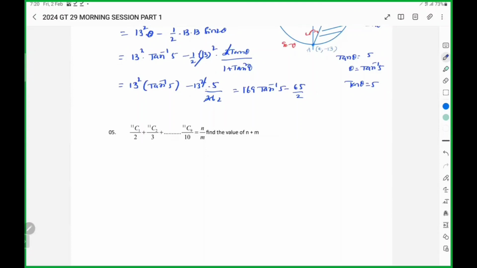Actually the removed coefficients, we don't know. Intelligently you can say that the binomial coefficient you can calculate. Okay, let us solve the problem. Sigma 11 CR by R plus 1, R from 1 to 9.